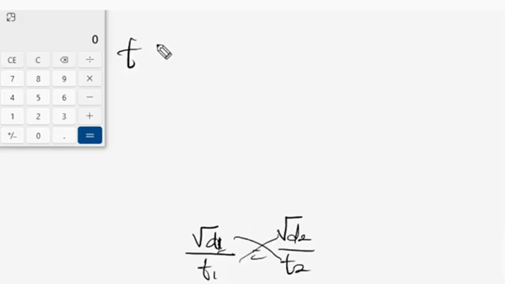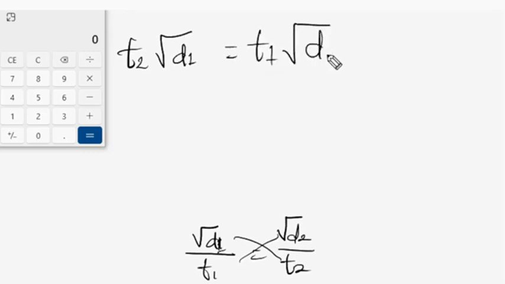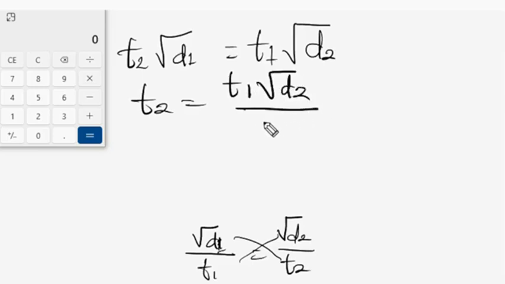If we want to make T2 the subject of this equation, we can say T2 root D1 will be equal to T1 root D2. So with this you can say T2 is equal to T1 root D2 over root D1.